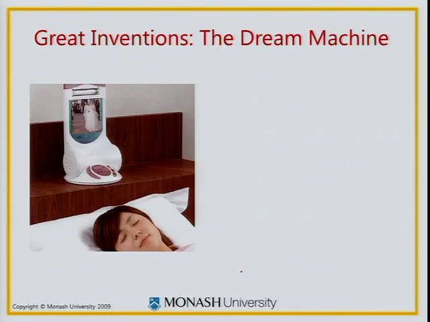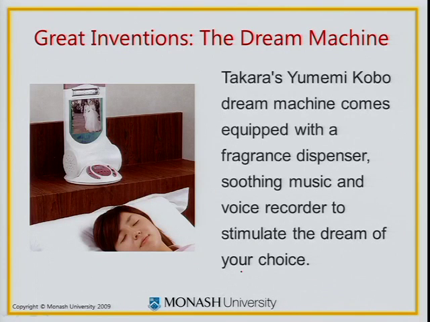Okay, quick great invention. Do you like to dream? This thing is great because this is Takaro's Kobo Dream Machine. It comes with a fragrance dispenser, soothing music and voice recorder to stimulate the dream of your choice. You are not at the mercy of anything else that's happening.